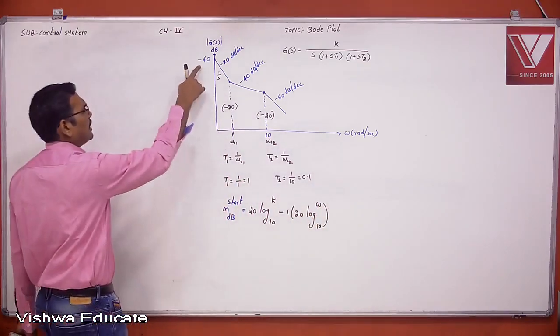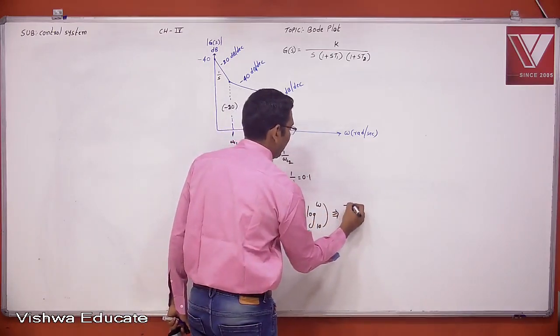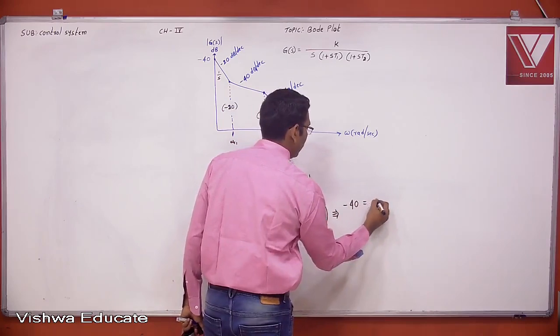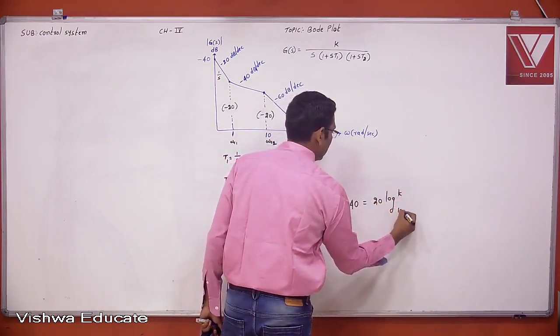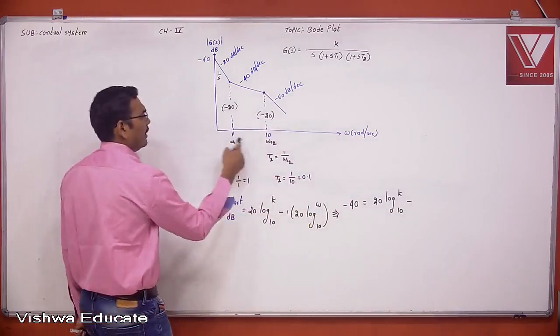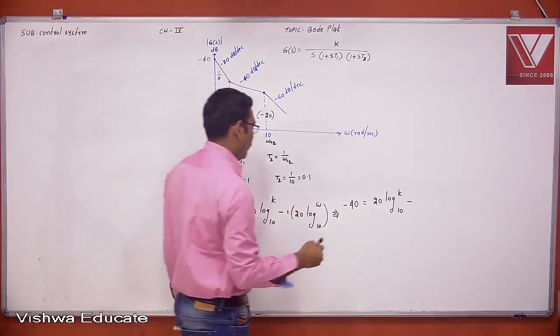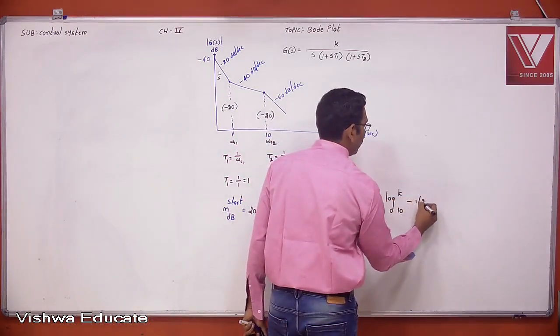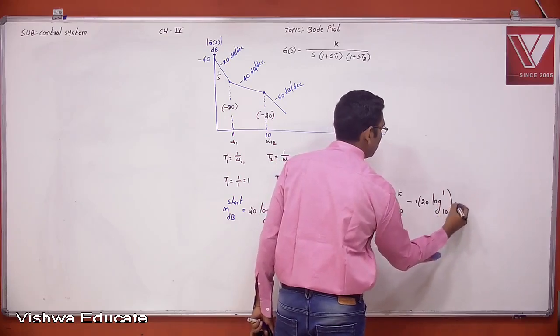But in the question the starting magnitude is already given. Minus 40 is given, which is nothing but 20 log k base 10 minus 20 log omega, the least corner frequency. What is the least corner frequency here? 1. So this is 0.